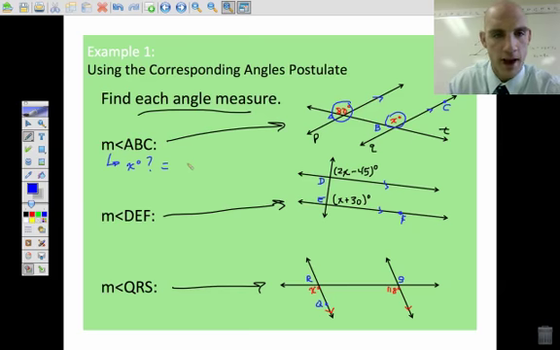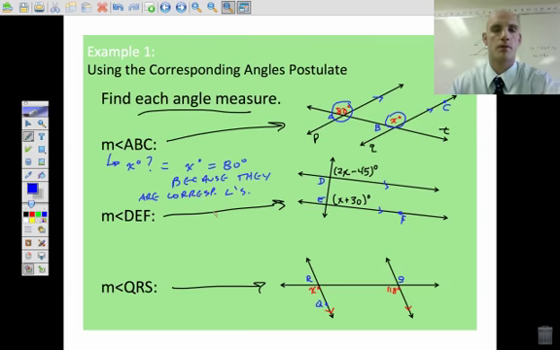And so I know that x degrees is equal to 80 degrees because they are corresponding angles.